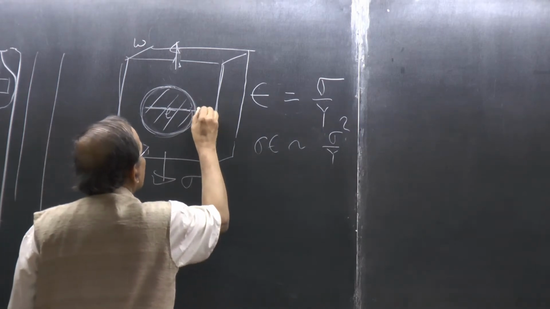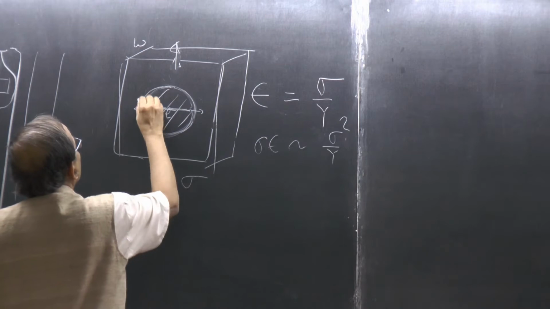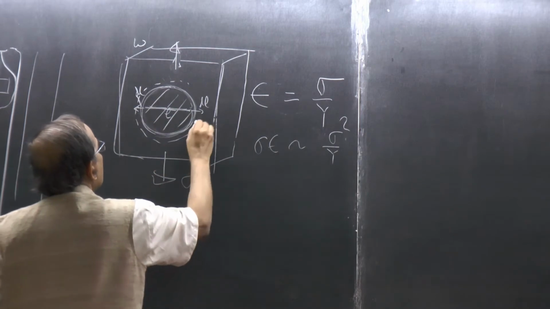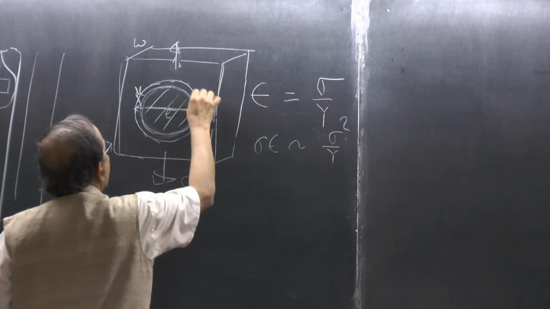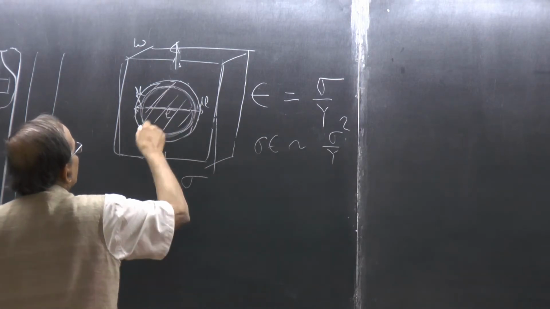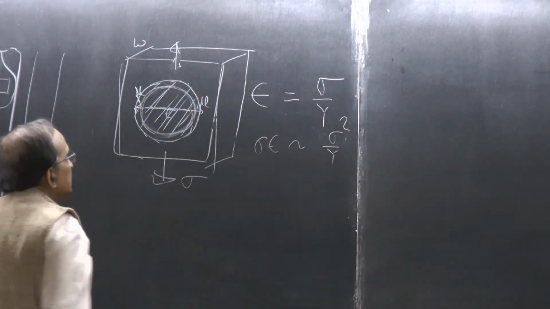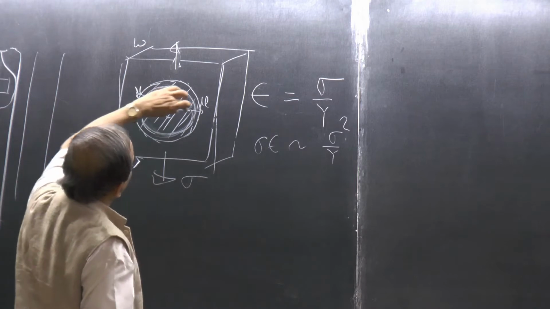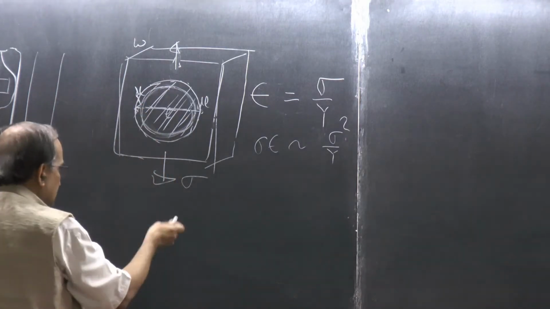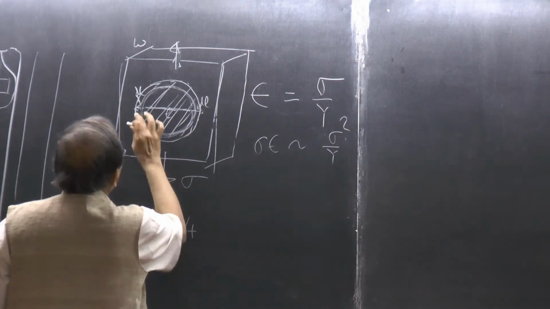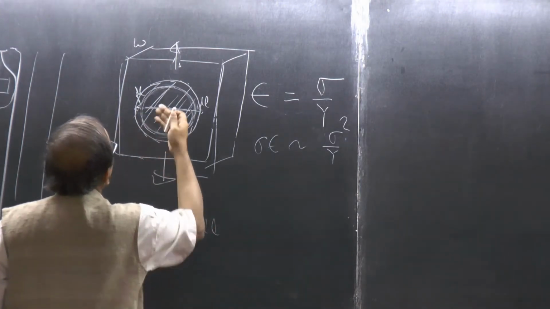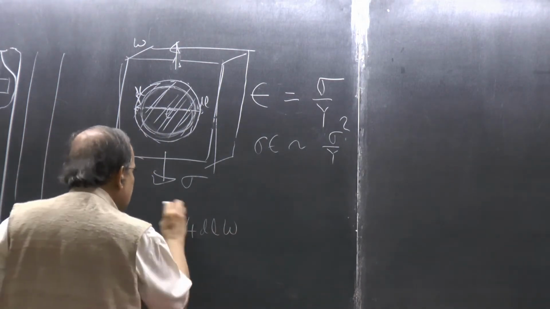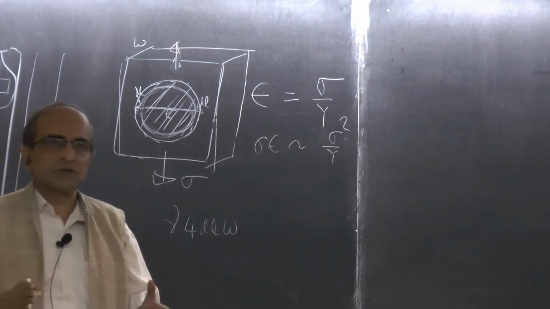Now I assume that there is a further propagation on both sides by dl. So this region will lose the elastic energy. Let us assume that there are 4 surfaces created, 2 here, 2 here. Let us assume the length is dl, the width is w, this is the area, and the surface energy density is gamma of this solid.